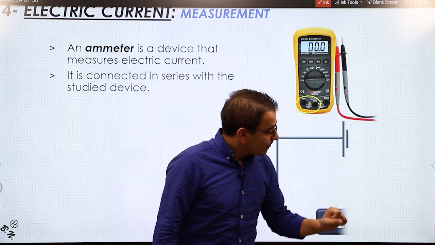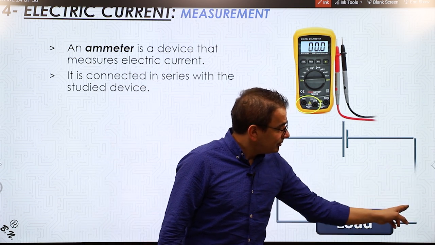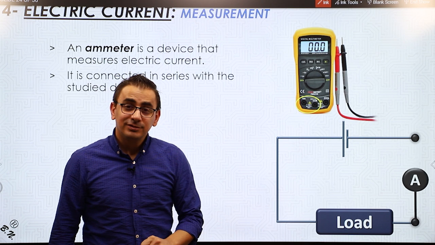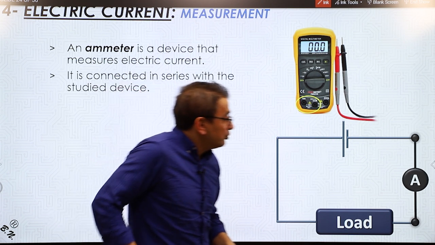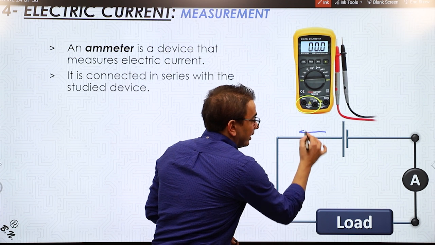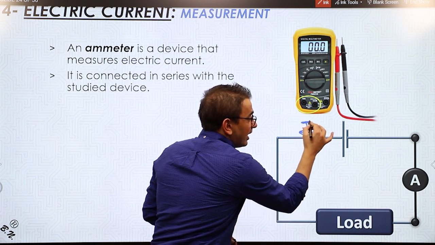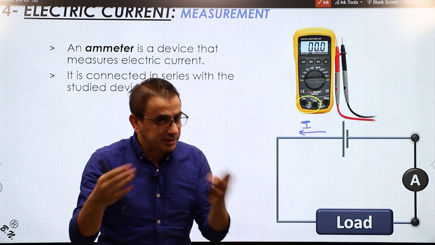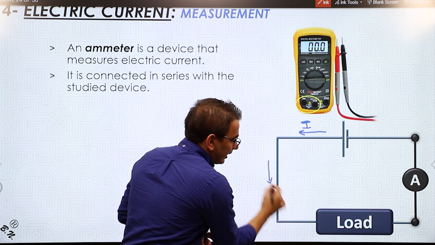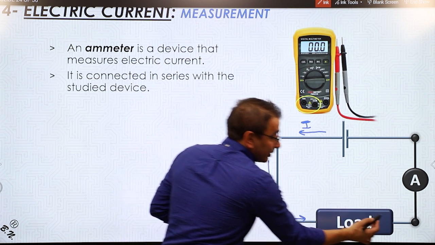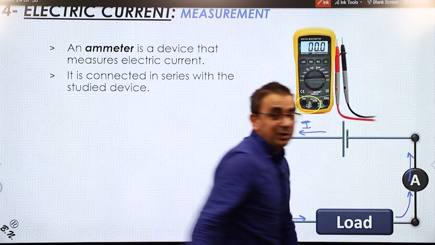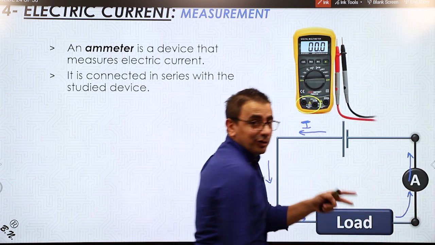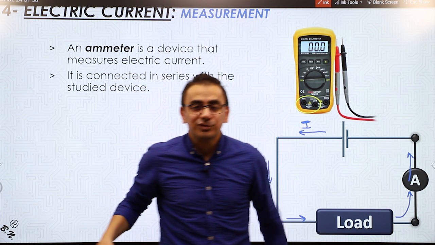We remove this wire and add the ammeter. So electric current I flows like this, and it continues its direction into the ammeter. The ammeter reads the value crossing it, which is the current in the circuit.